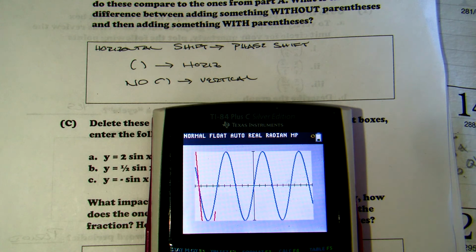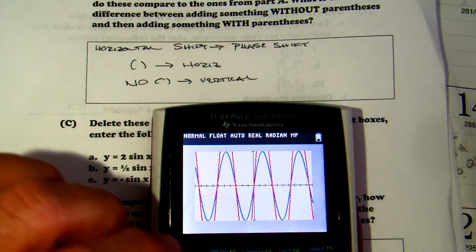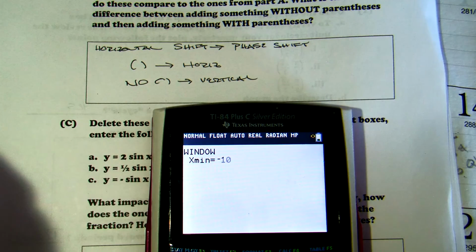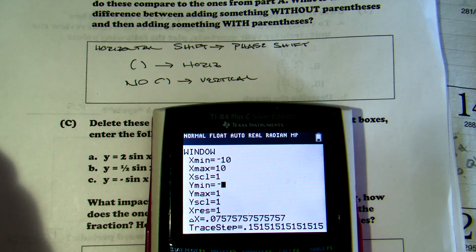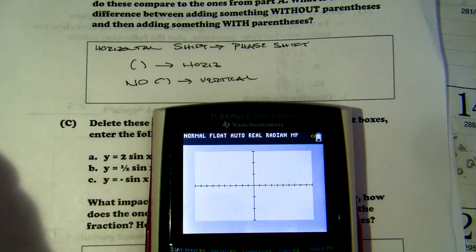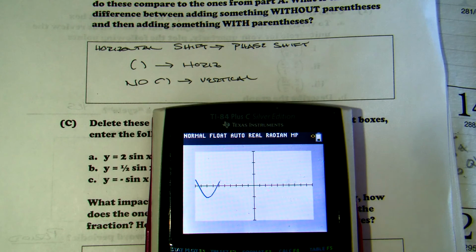And now, look at that. It's steeper, right? So if we go back and change our window and make this a little bigger so we can see, there's again the sine x.